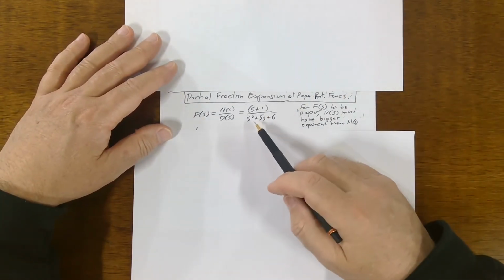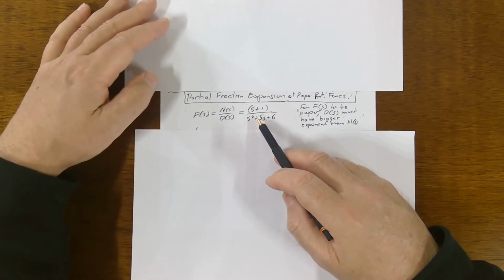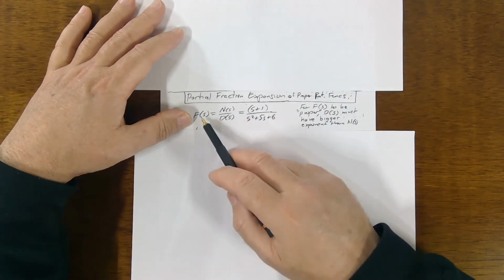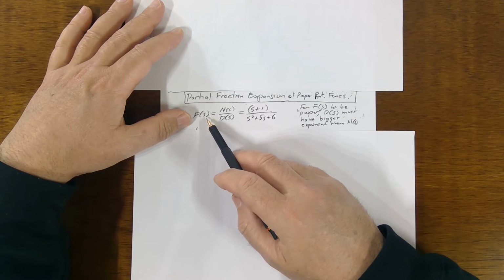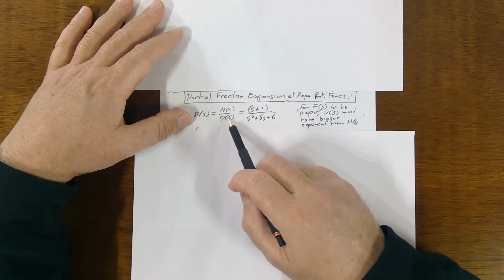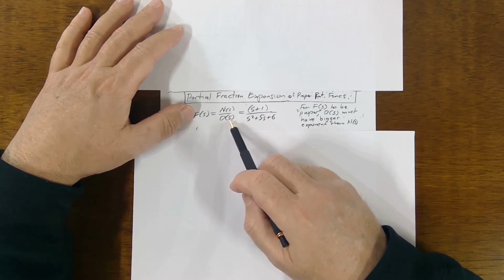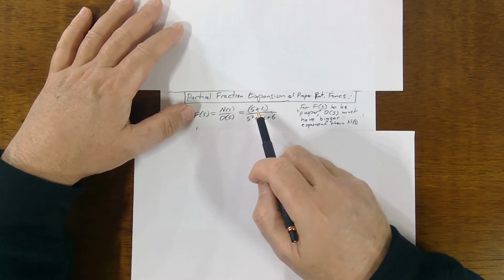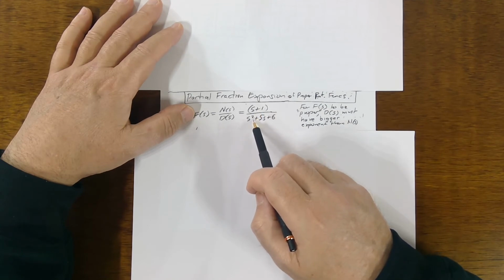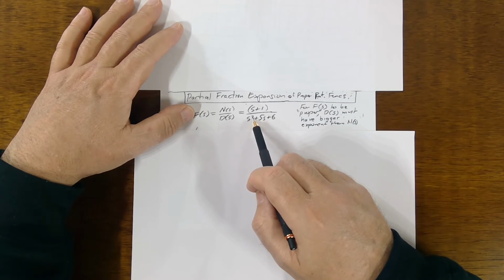So assume this guy here, big F of s, is a proper rational function. So it's a rational function because it has a numerator and a denominator. It's a ratio. And it's proper because the denominator, the highest s term, is squared.